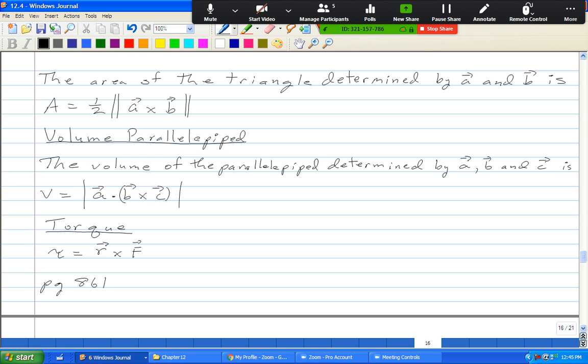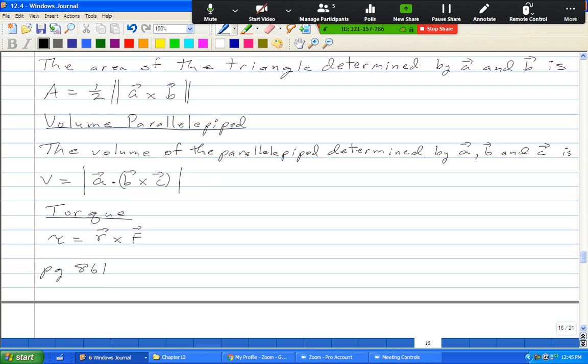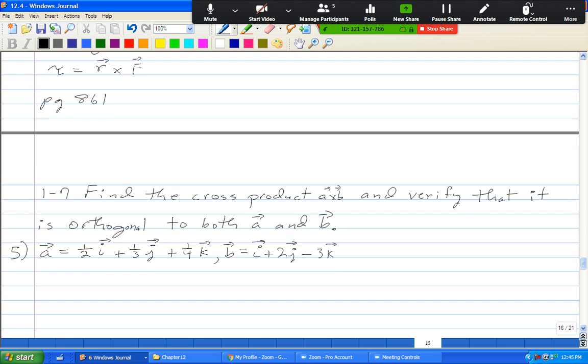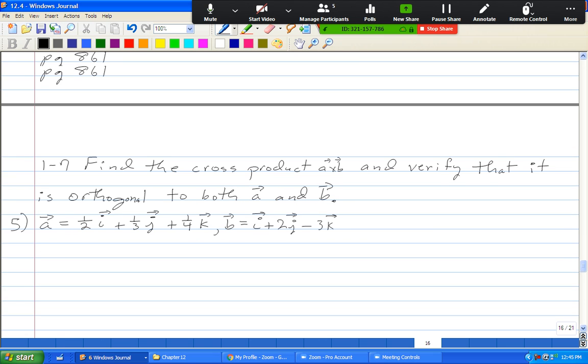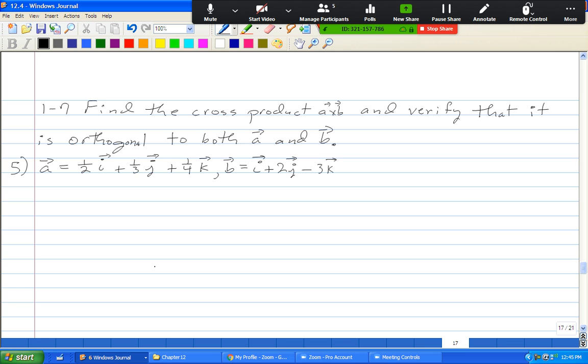Okay, so let's do some problems. On page 861, find the cross product A cross B and verify that it is orthogonal to both A and to B. Okay, so let's find the cross product. So A cross B is the following vector.